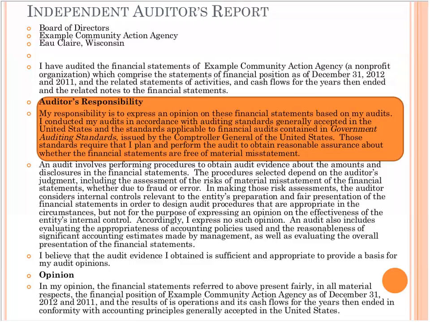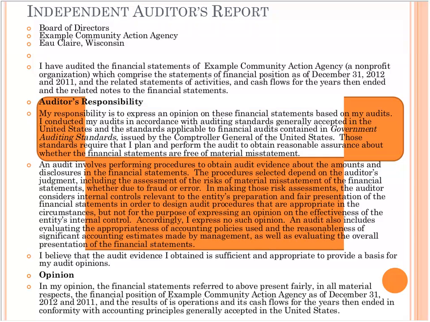And you will notice in the last sentence of that paragraph, those standards require that I plan and perform the audit to obtain reasonable assurance about whether the financial statements are free of material misstatements. So that is the legal verbiage for some of the information that we had just talked about previously.